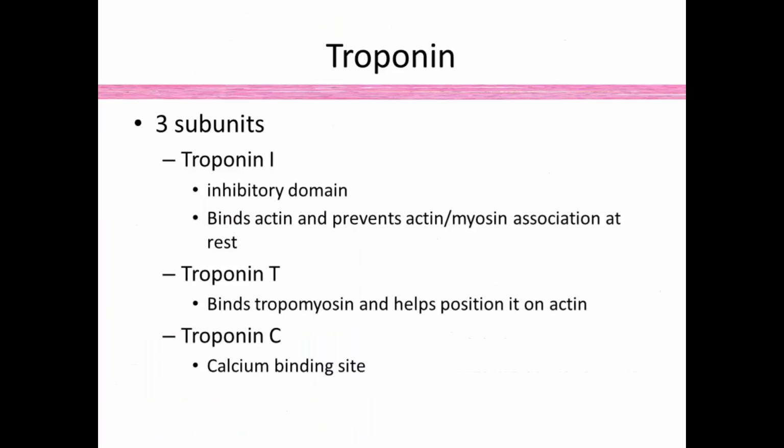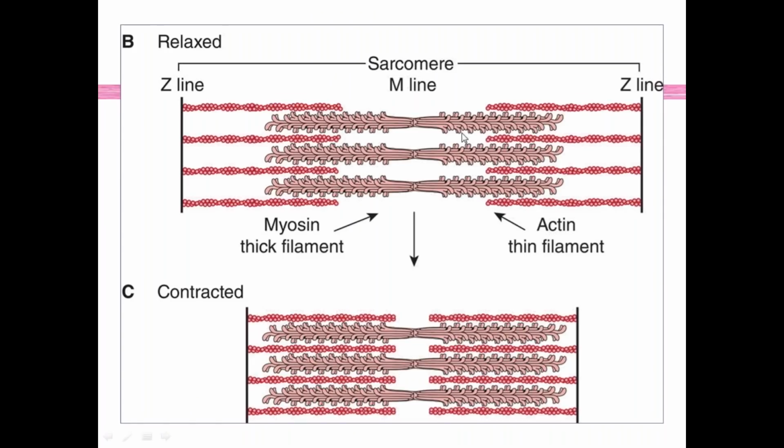Now if we look at just one sarcomere, we have the myosin in the middle, representing the M line, and a Z line, which is used to anchor the actin. You have actin facing towards one sarcomere, and on the other side there would be actin filaments projecting in the other direction.